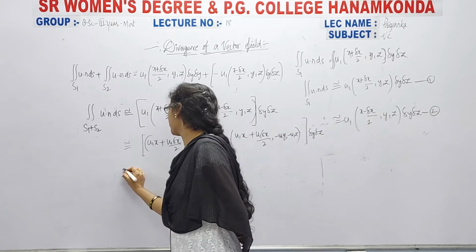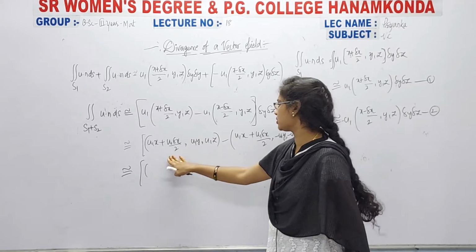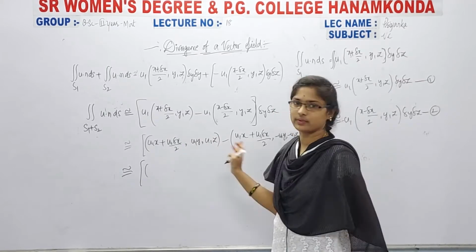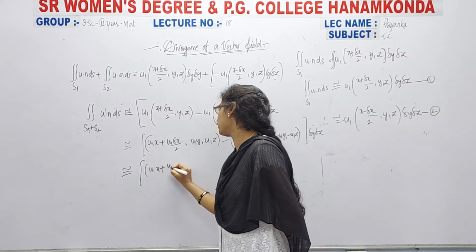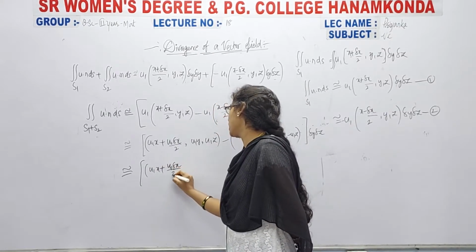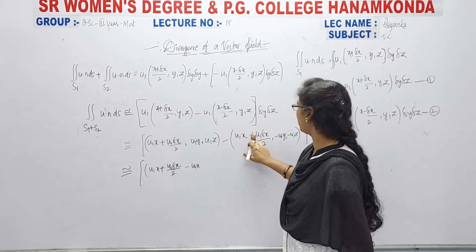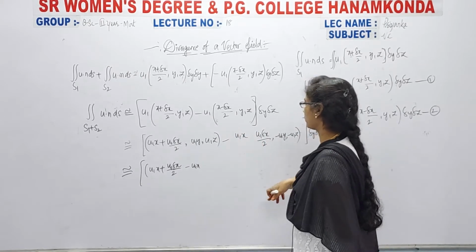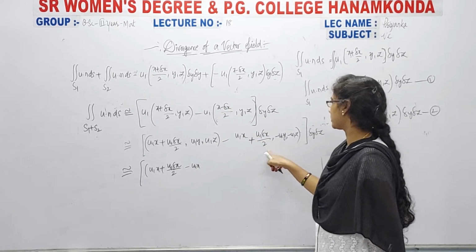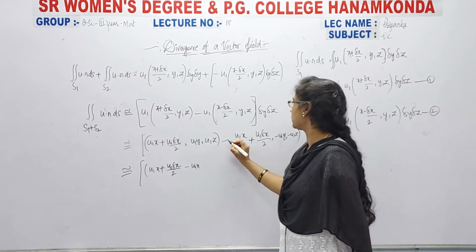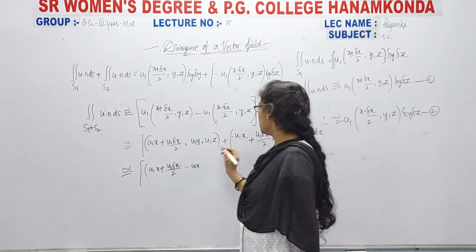Now we have to take the first term minus this one, so according to the operation we have to move. u1 x plus u1 delta x by 2, minus u1 x, and since I already multiplied with a minus sign, minus into minus gives plus u1 delta x by 2.